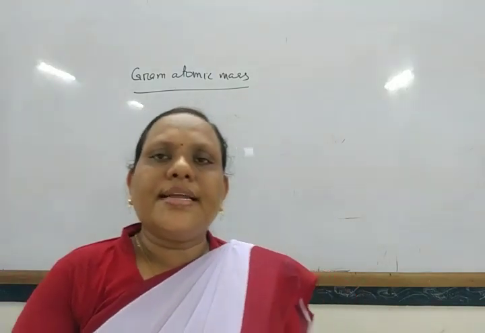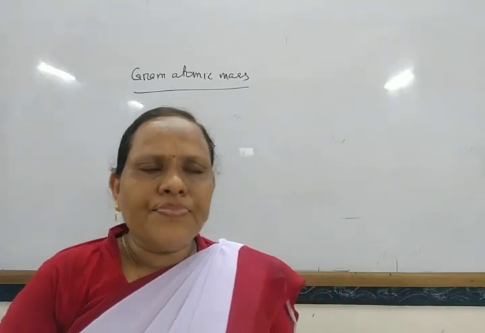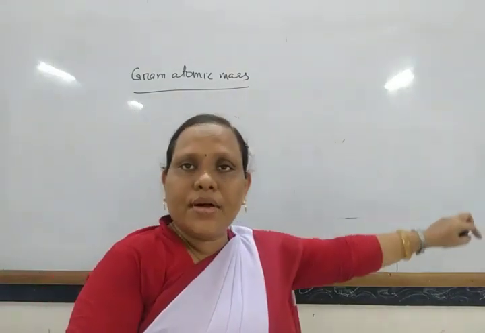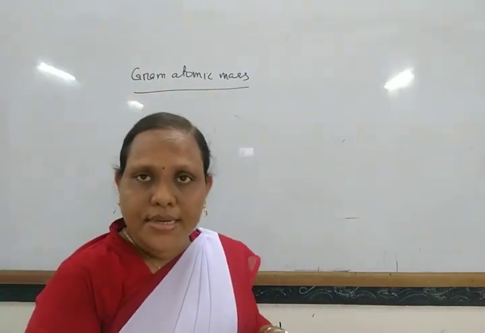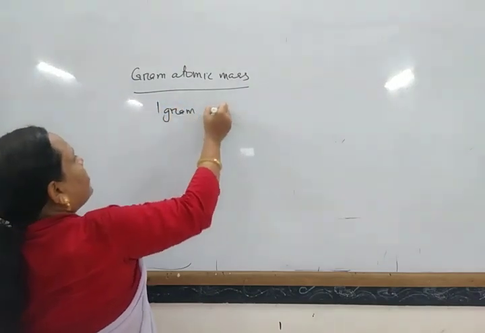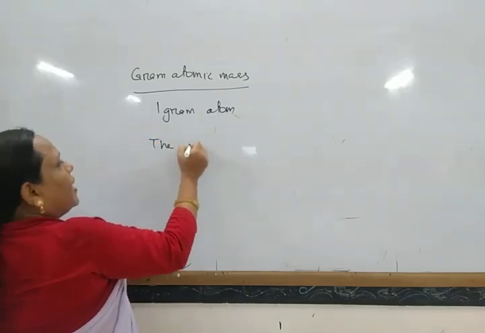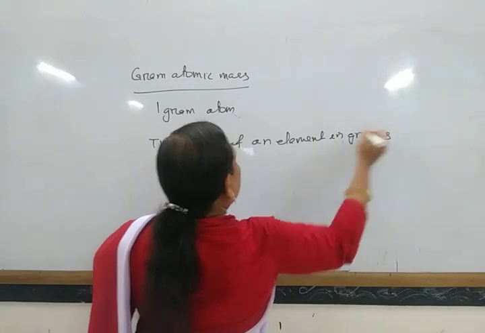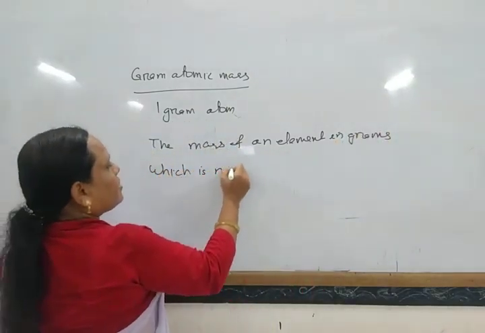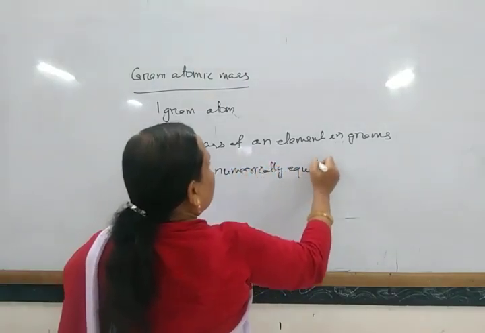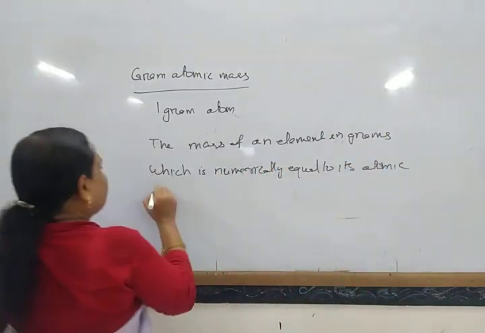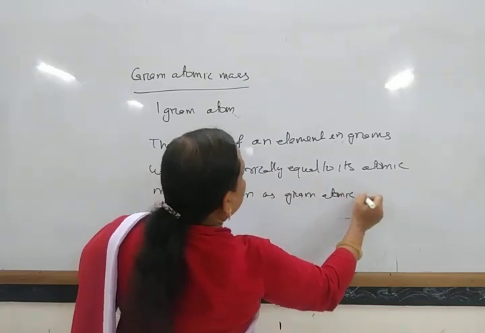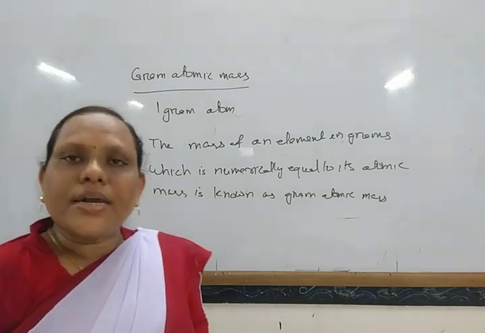The mass of an element in grams which is numerically equal to its atomic mass is known as gram atomic mass. It is also known as 1 gram atom.